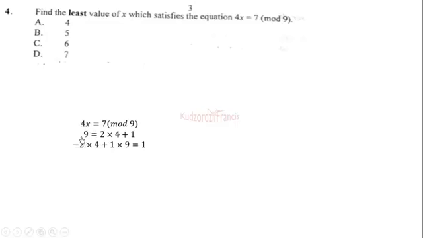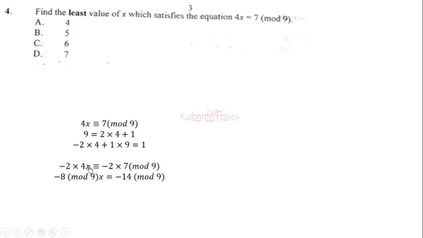So we use the -2 to multiply through this, then we get a modulo equation that will give us something like this. Good. So this is in mod 9, and this is also in mod 9, and this is also in mod 9. So now let's multiply this and this to get -8, and that will give us -8 mod 9, and we have -14 mod 9.